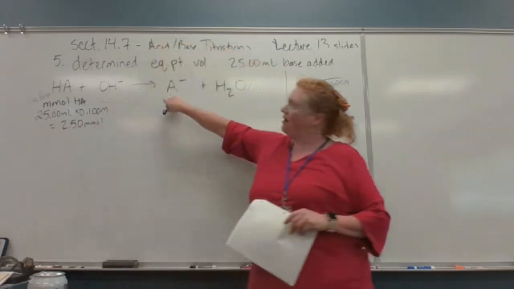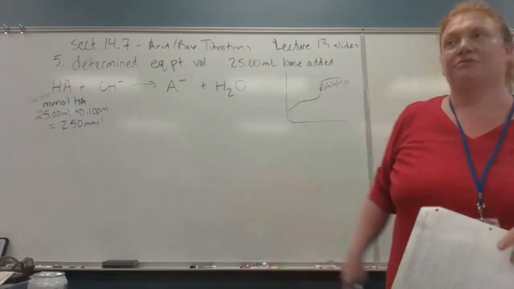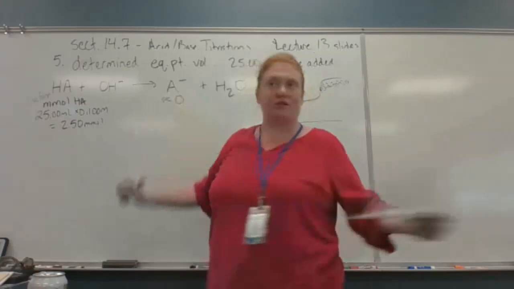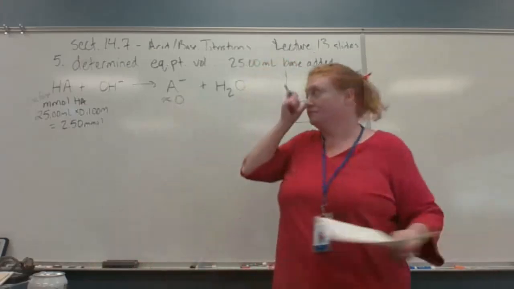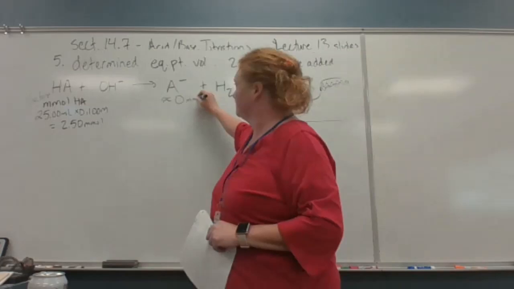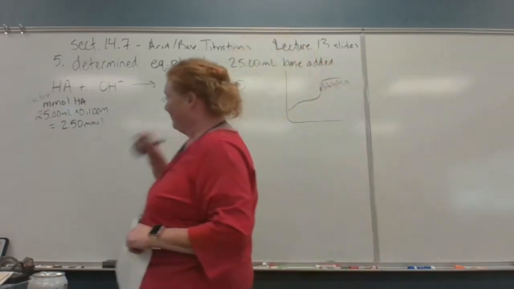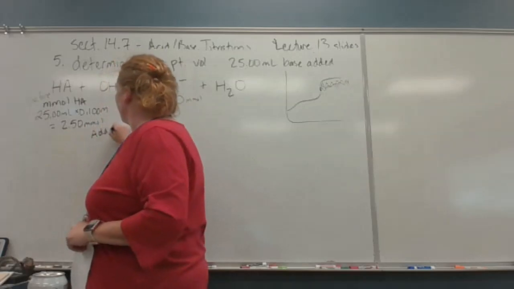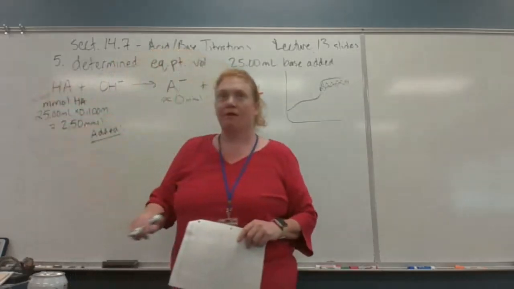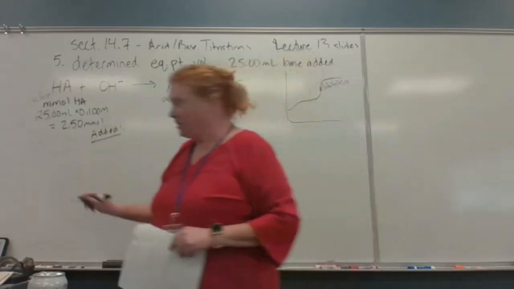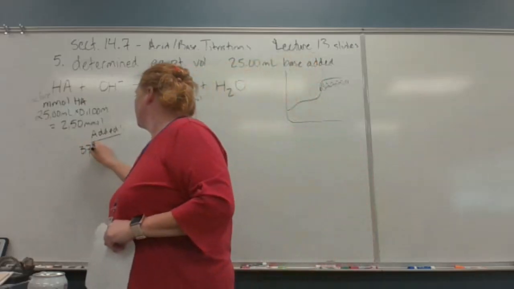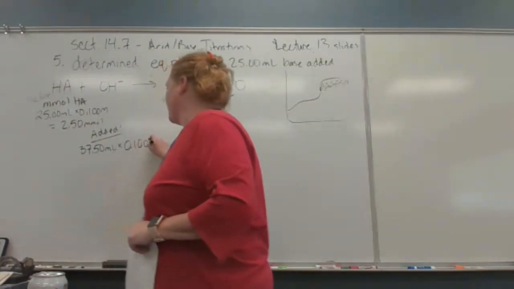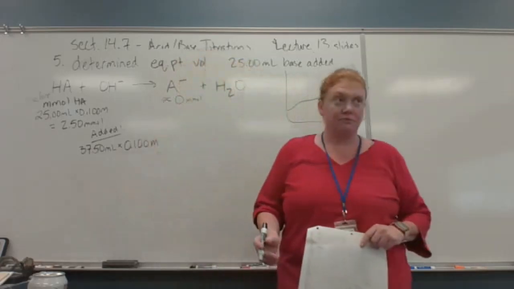How much A minus do we have before the reaction happens? Essentially nothing, essentially 0 before. How much OH minus are we adding in this description? 37.5 milliliters times the molarity of the strong base we're adding, which is also 0.1.